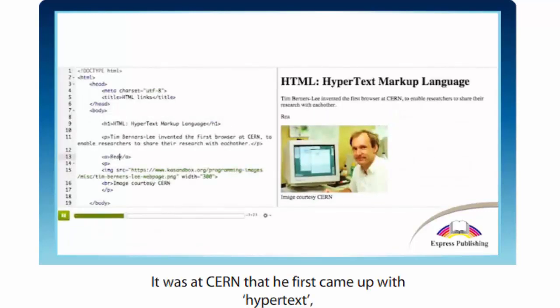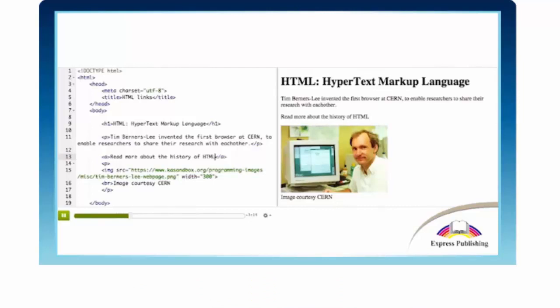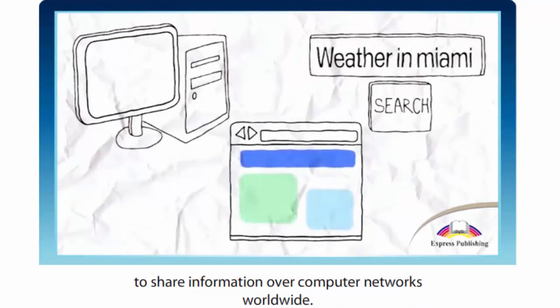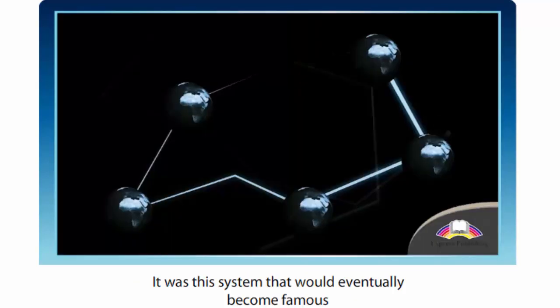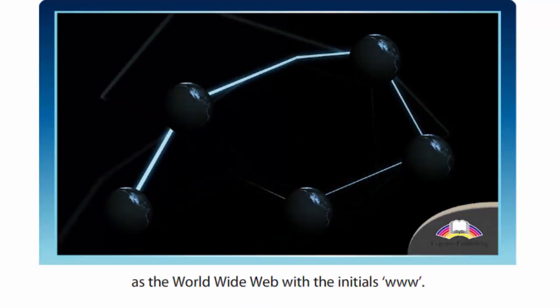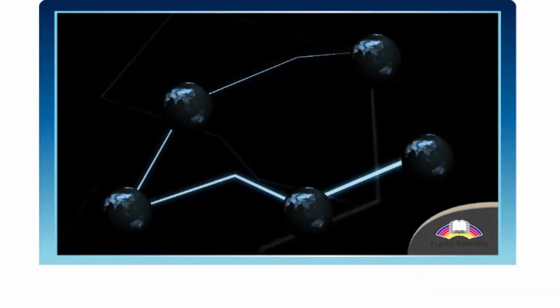It was at CERN that he first came up with hypertext, a system that would allow users in a company to share information. Later, he would develop this idea to allow users to share information over computer networks worldwide. It was this system that would eventually become famous as the World Wide Web, with the initials www.